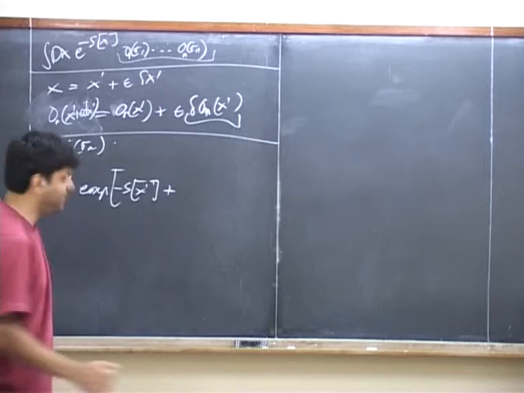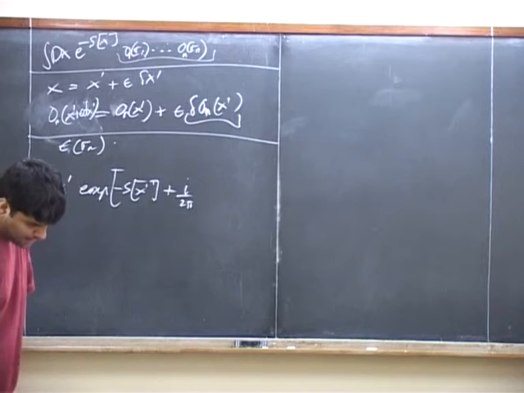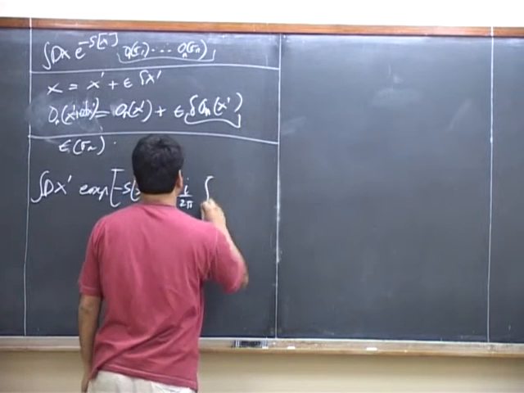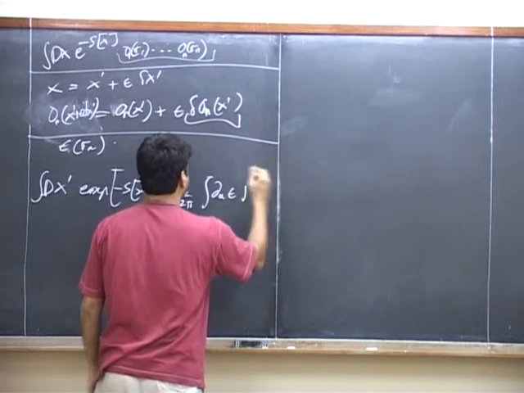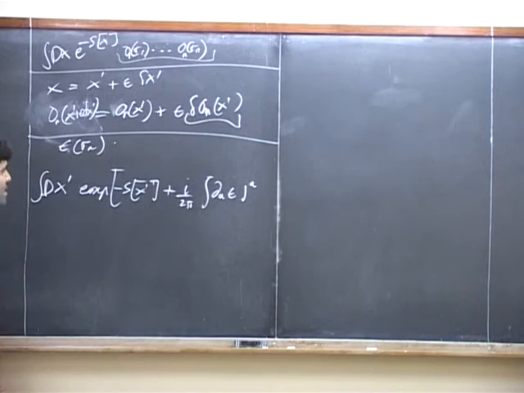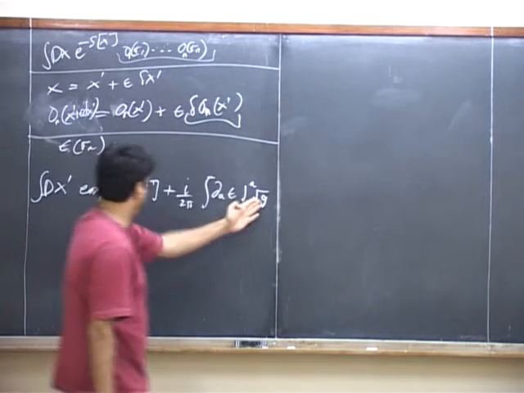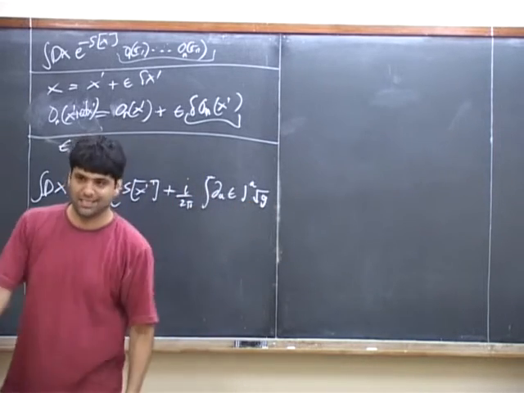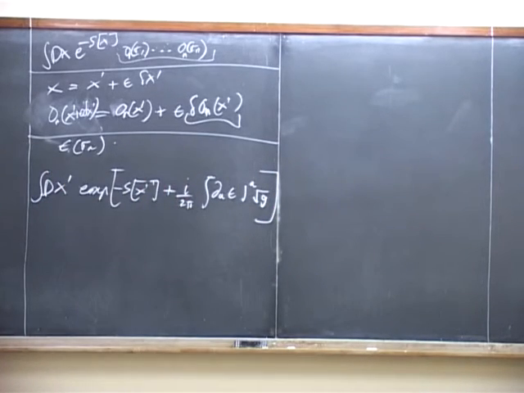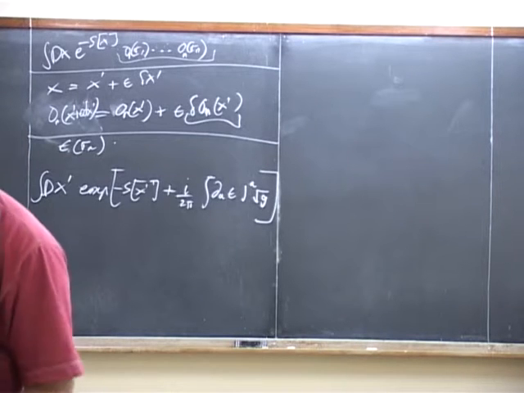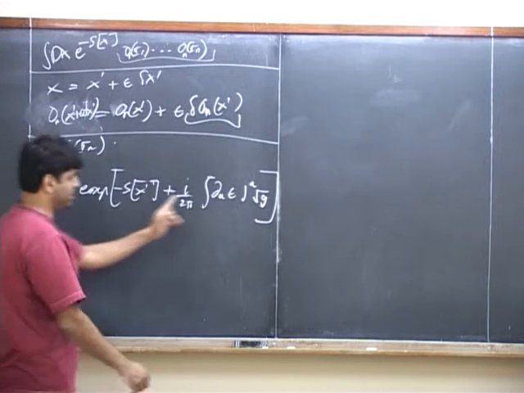And now we'll choose a convention for factors, we say plus i/2π ∫ ∂_a epsilon j^a. And if we're working in a space that has a non-trivial metric, we put a factor of the square root of the metric in order to make everything Lorentz covariant. Mostly we'll be working in flat space, so we might forget these factors of square root g, but of course you just covariantize everything.